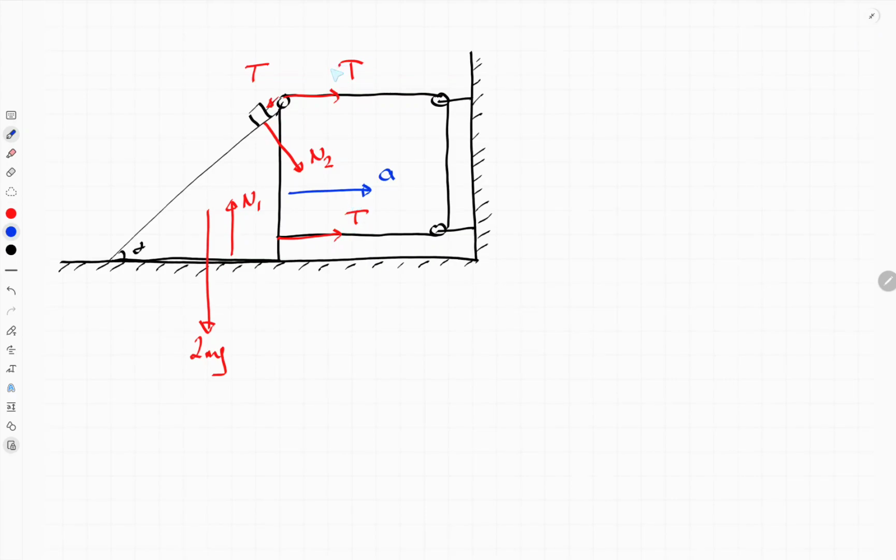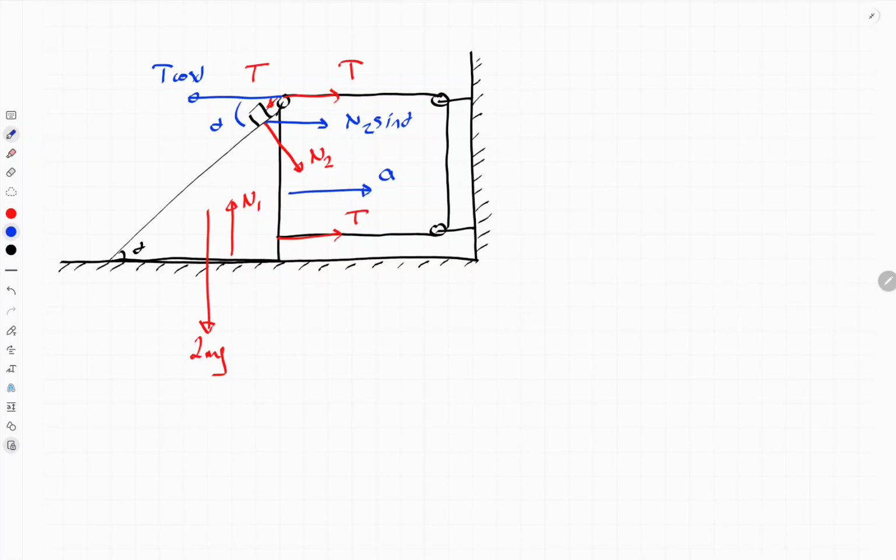So we have a T, and this tension force's horizontal component, which will be T times cosine alpha, and this reaction force's horizontal component will be N2 sine alpha according to the vector.